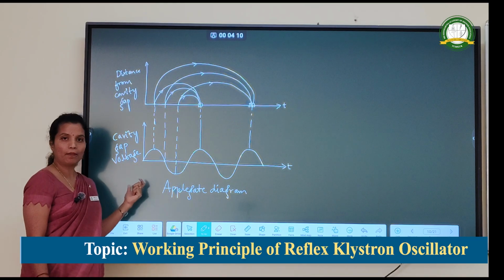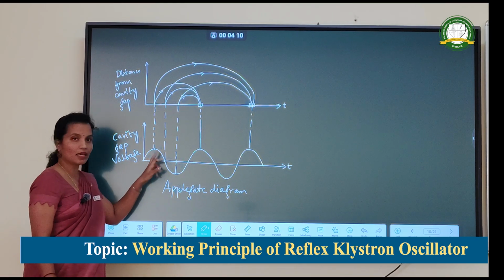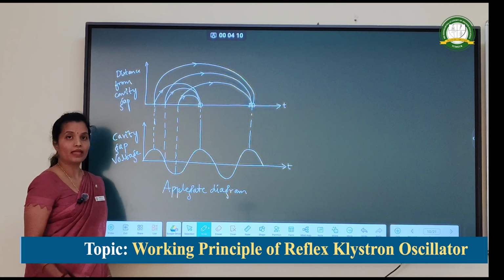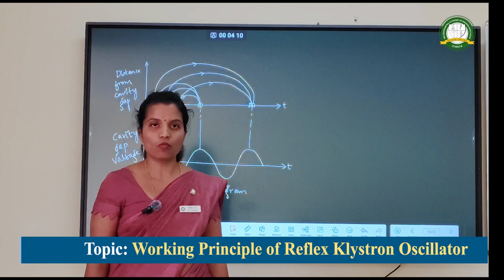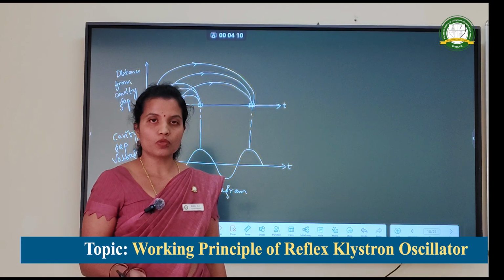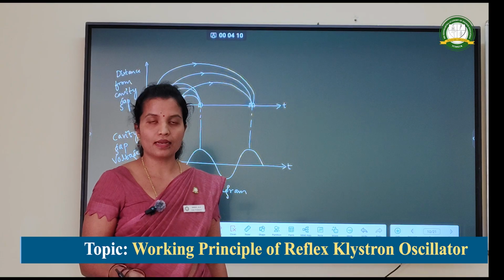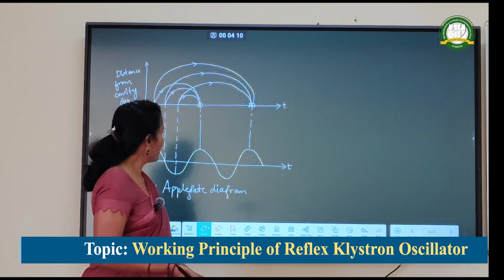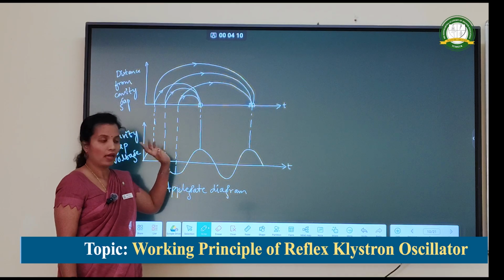Now, the electrons which encounter the positive RF voltage will get accelerated, like electron velocity modulation. The field is positive, so the electrons will get accelerated, and as they get accelerated, they move with a faster speed.